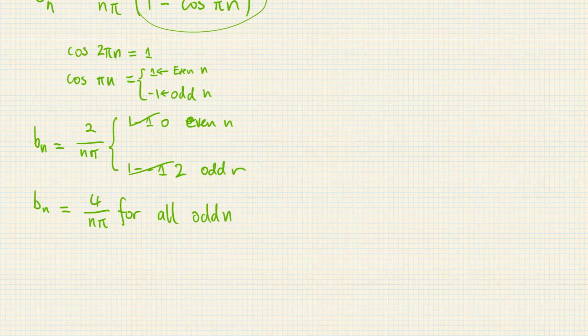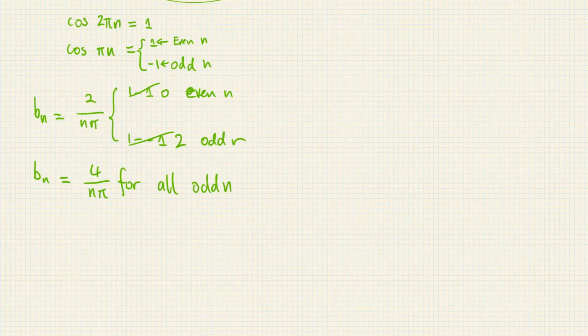And there we have it. We have determined b sub n. So now we can write the Fourier representation of our function.